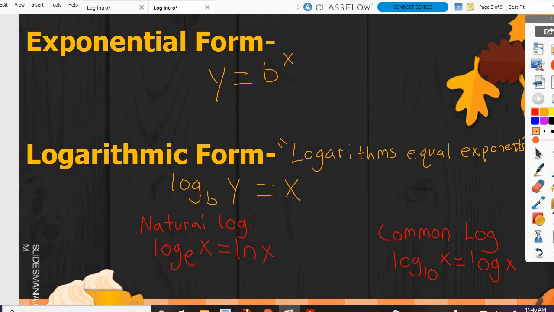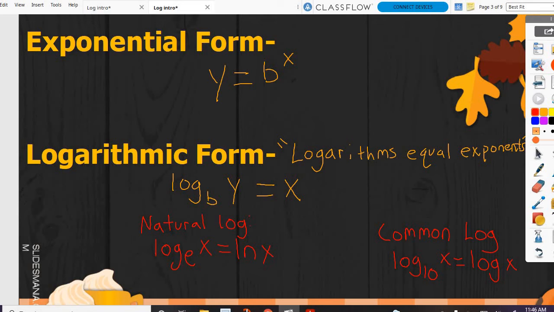Are we not supposed to use parentheses? You don't have to if it's just an x. If you have something like x plus 2 and all of that is inside of the logarithm, then yes, you would put parentheses. But if it's just an x, it's not wrong to add parentheses, but you don't have to put them every single time.